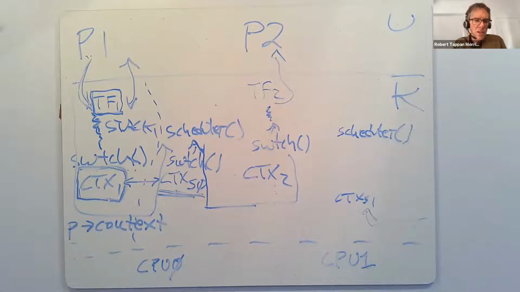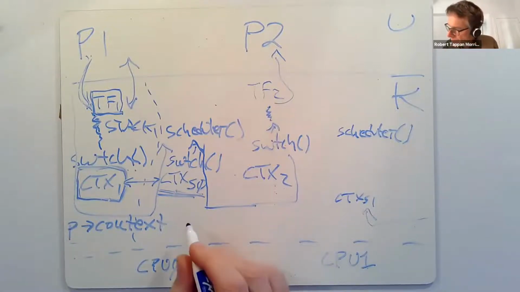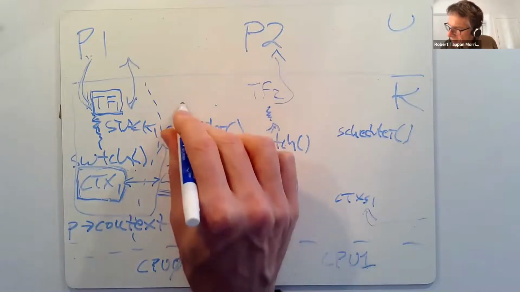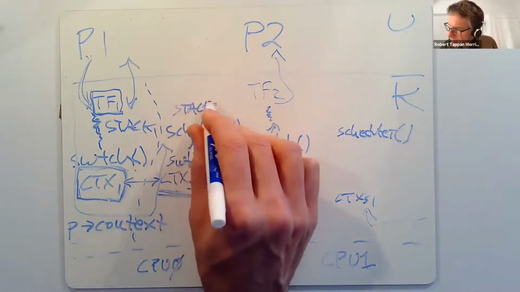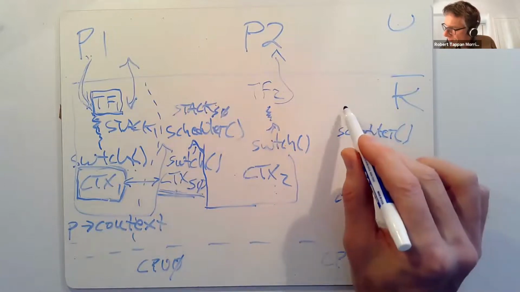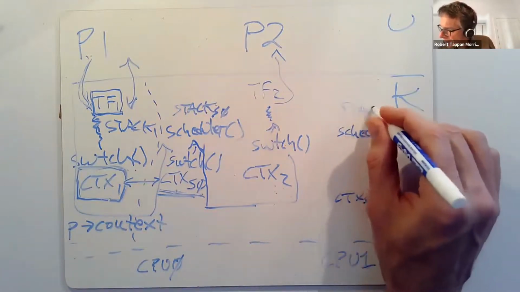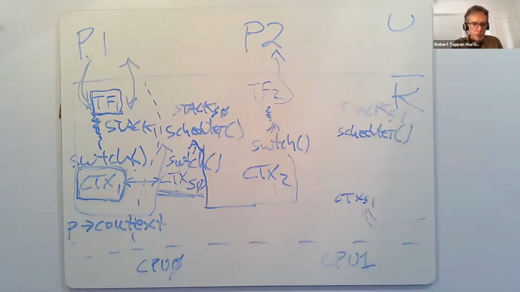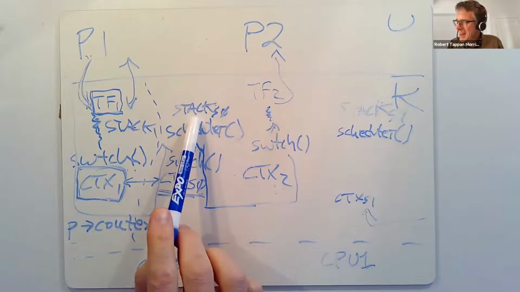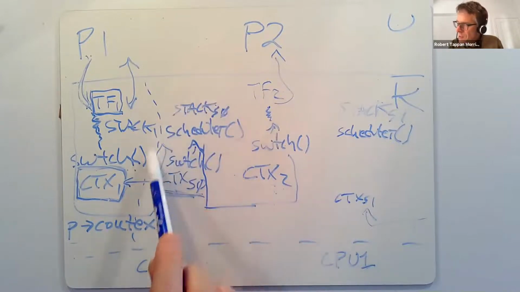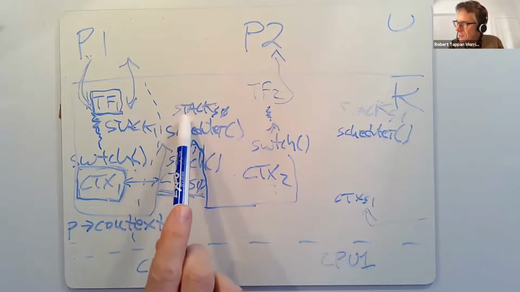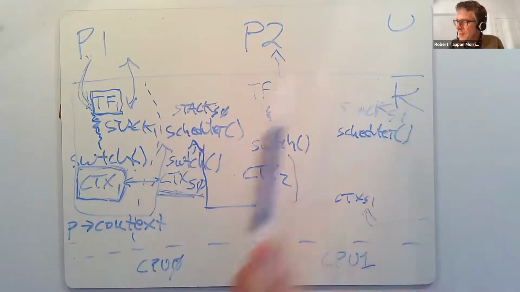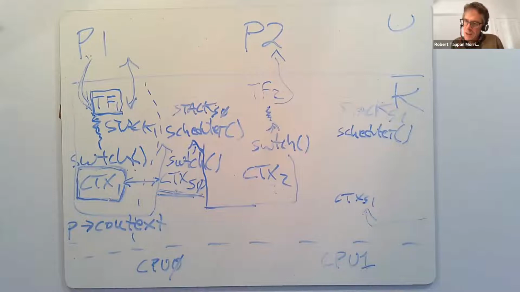Okay, so the question: does each per-CPU scheduler have its own stack? Yes, there's a stack for this scheduler and a separate stack for the scheduler for CPU1. And indeed, all this stuff, the contexts and the stacks for the scheduler threads, are set up in a different way than for user processes.